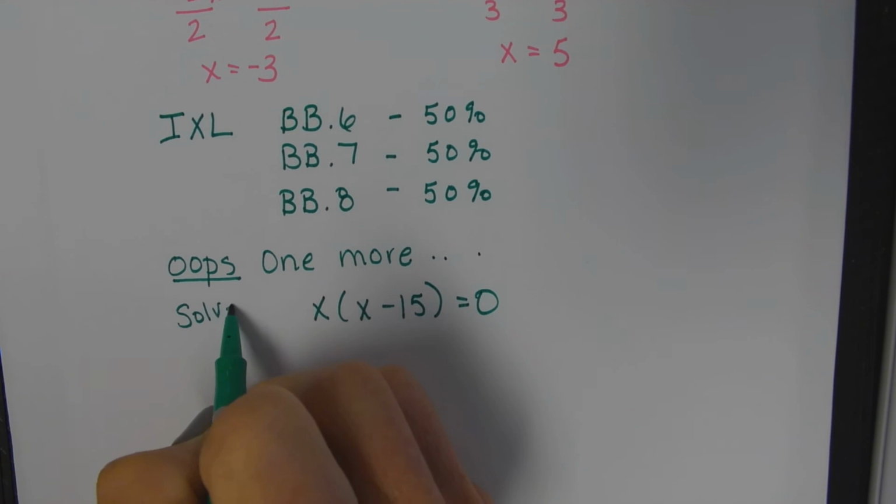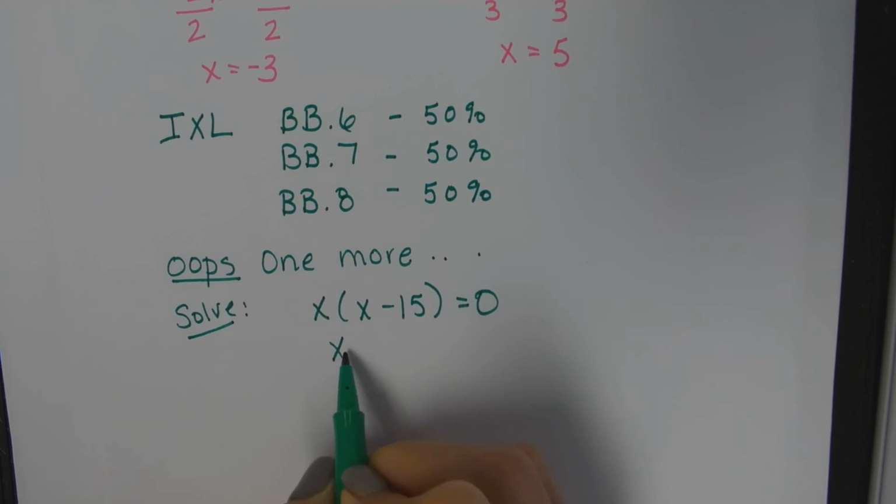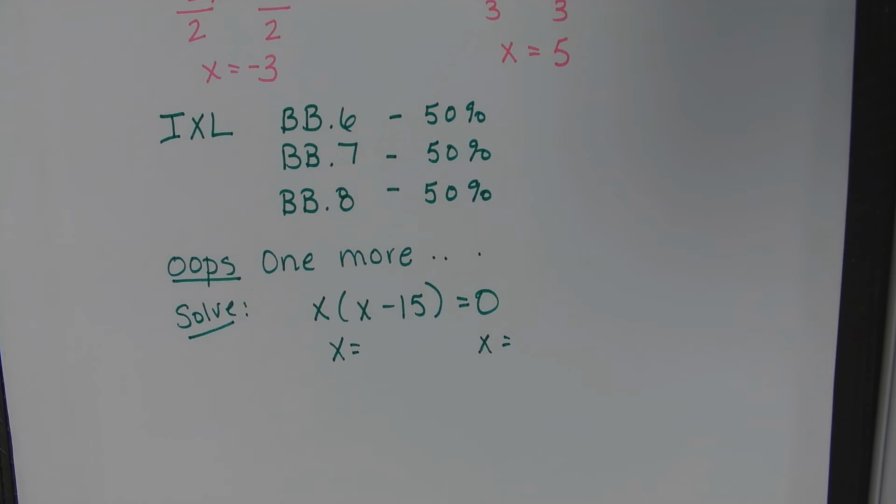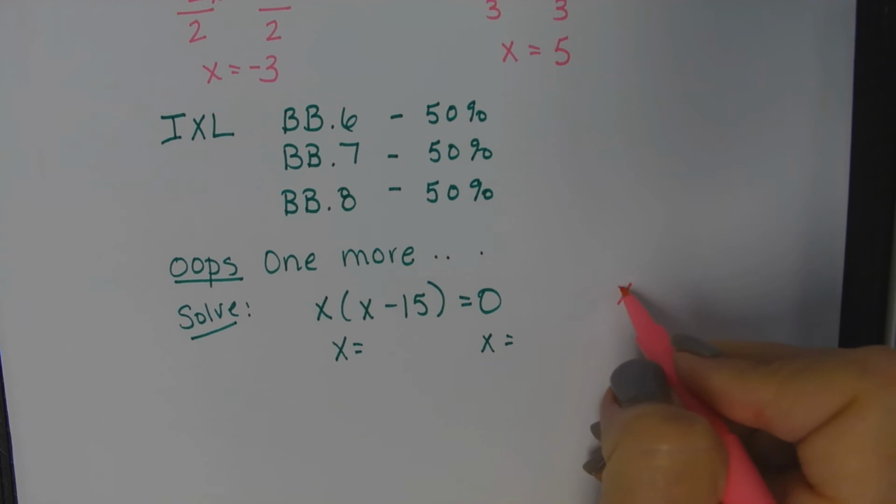Directions are solve. You have 2 answers. There's no work needed, guys. The answers are right in front of you. One of them is x minus 15 equals 0. What's the answer? 15, right?